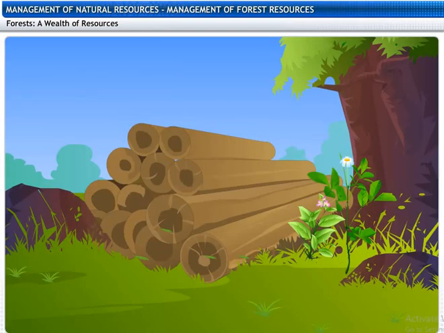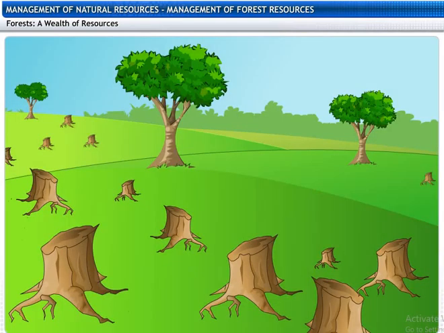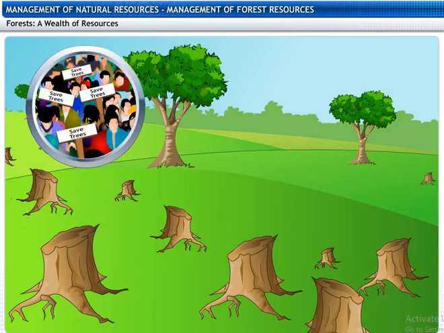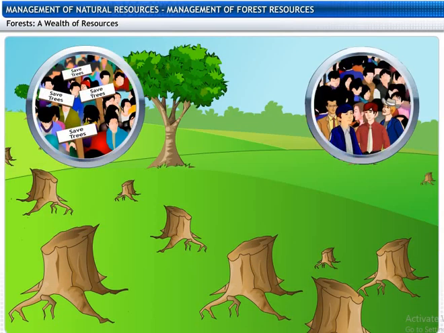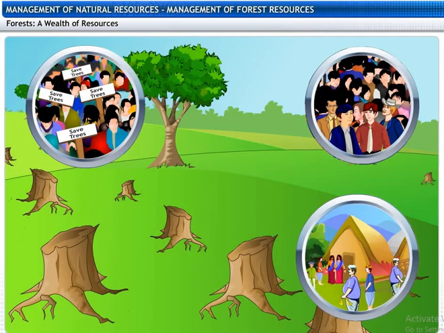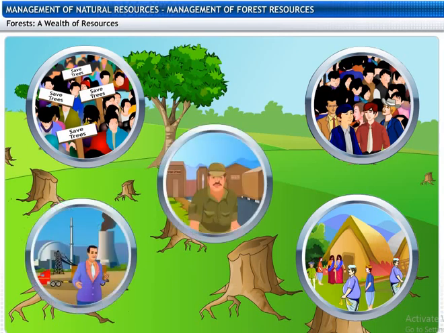The depletion of our forest resources is another issue that we need to be aware of. Our dependency on forest resources varies. The people who use forest produce are called stakeholders.